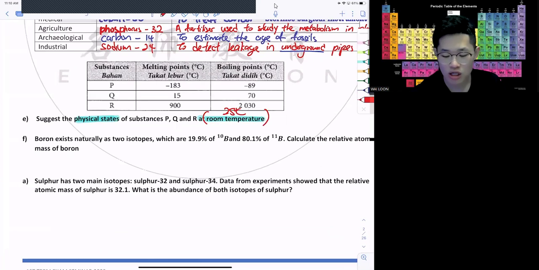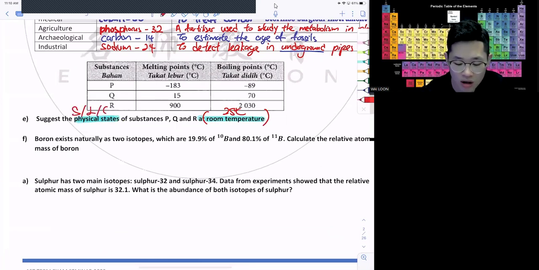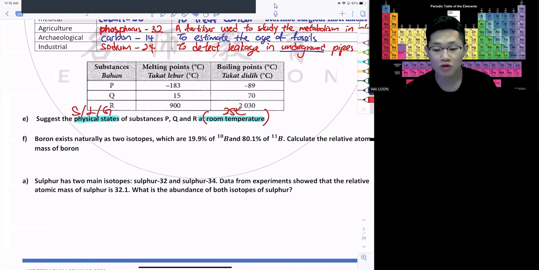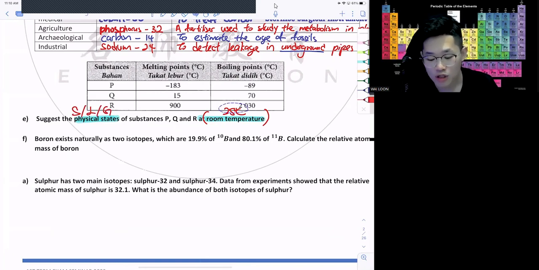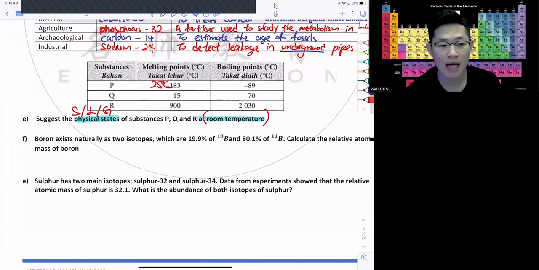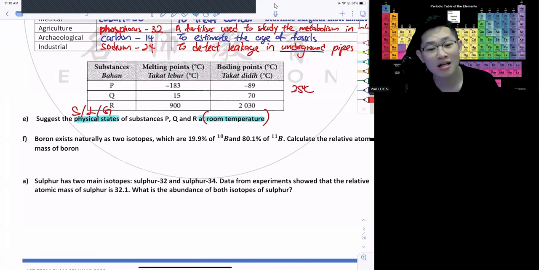Okay. In order to know the physical state, which is solid, liquid, or gas, all we have to do is put this temperature into the range of the melting and boiling points. That means we compare and see whether 25 is smaller than negative 183, bigger than negative 183, or bigger than negative 89.